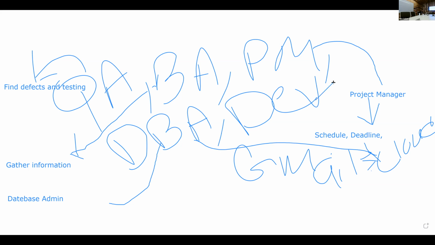And so, what about a developer? What does a developer do? So far, we spoke about QA. Somebody said BA gathers requirements. PM manages the project, makes sure the deadline and the schedule are met. What about a dev? What does a dev do?